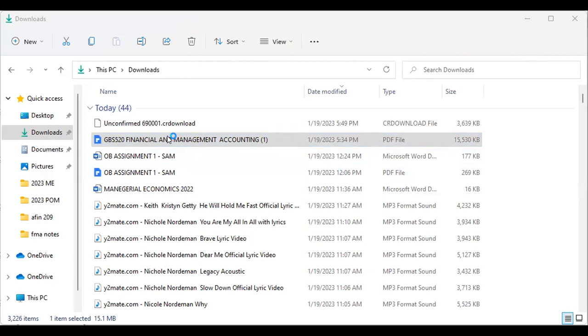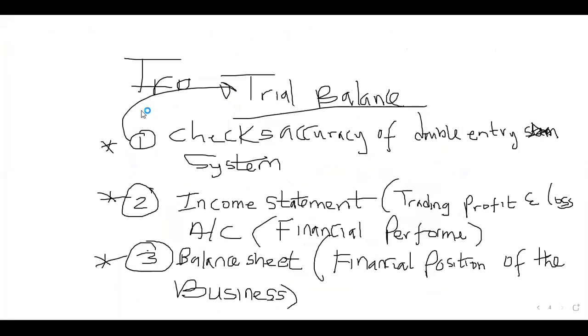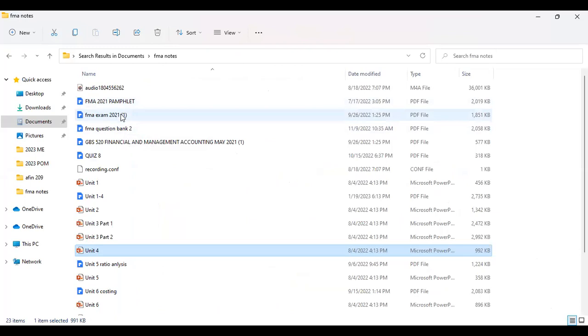So we have the cash account. The cash was receiving, and then the capital was giving out.